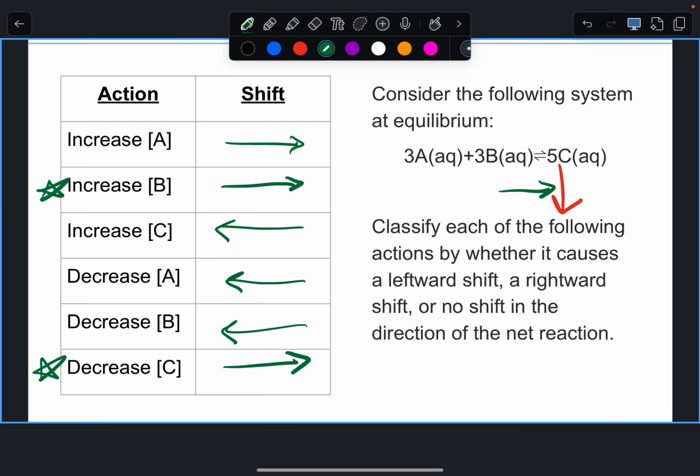So it goes towards products, uses it up, reacts it, makes products instead. If you're increasing the product, now you've got too much of the product, so it goes the other way to get rid of some of it. So if you want to think about it mathematically, it's like, are you increasing the denominator or are you increasing the numerator? So A is like too much reactant, and C is too much product on the left shift. Yes. So it shifts to get rid of some of that, whichever one it is.